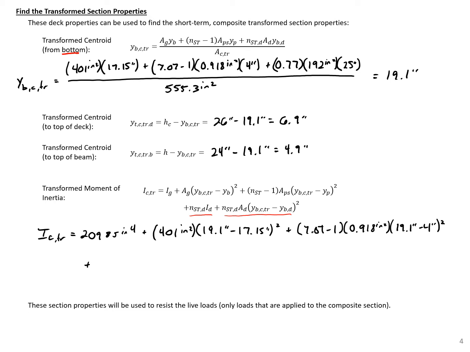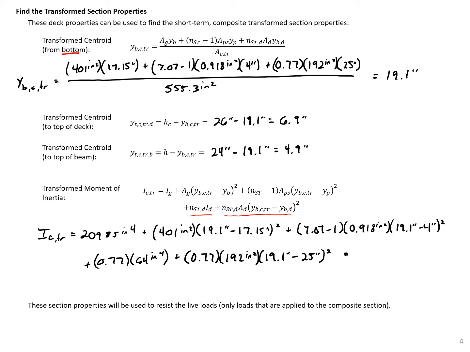And then we have our deck components. So 0.77 times the moment of inertia for our deck, 64 inches to the fourth. And then our AD squared component for the deck. So 0.77 times 192, the area of the deck, times 19.1 minus 25 squared.